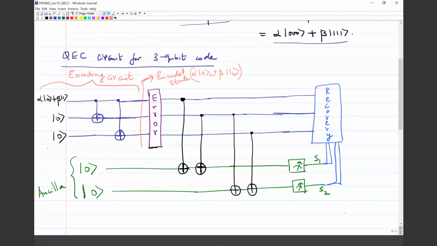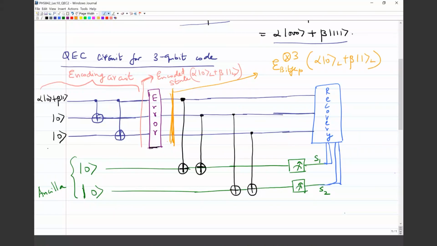So what you have post this is now a different state. This is the state you will get after you act a 3-qubit bit flip channel on this encoded state alpha 0L plus beta 1L, right? That is the state here.